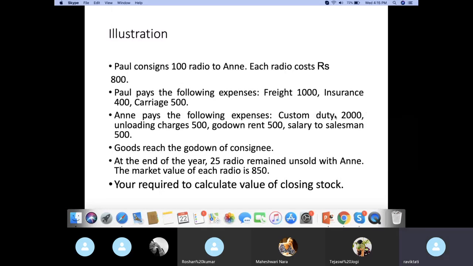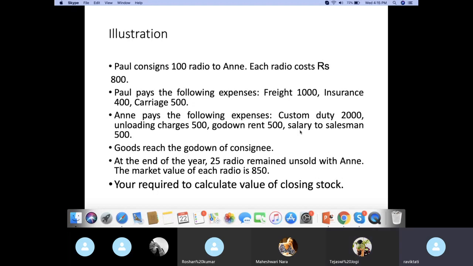What are the direct expenses? What are the indirect expenses? Unloading charges is a non-recurring expense, direct. Customs duty is also direct. Go down rent and salary to salesman are indirect.